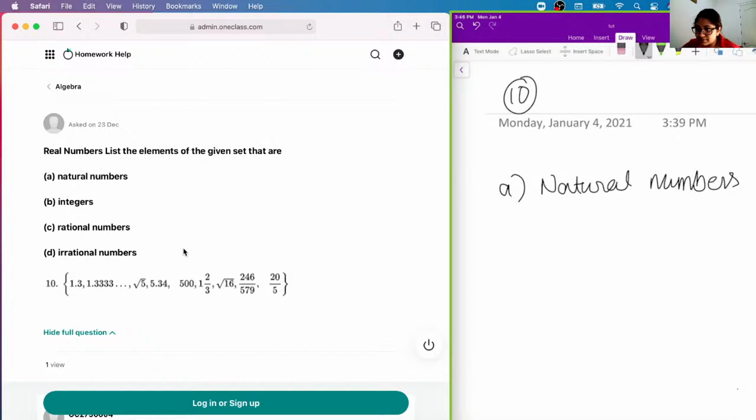Okay, so natural numbers are positive whole numbers without zero.